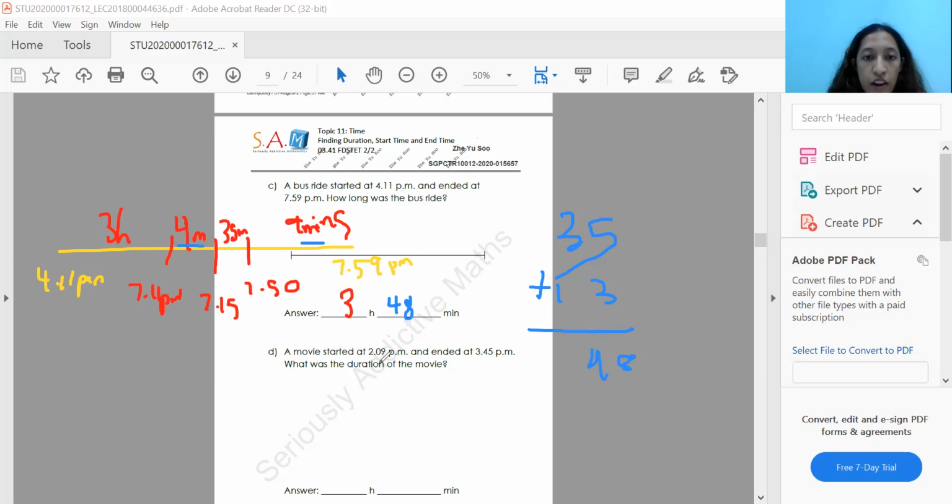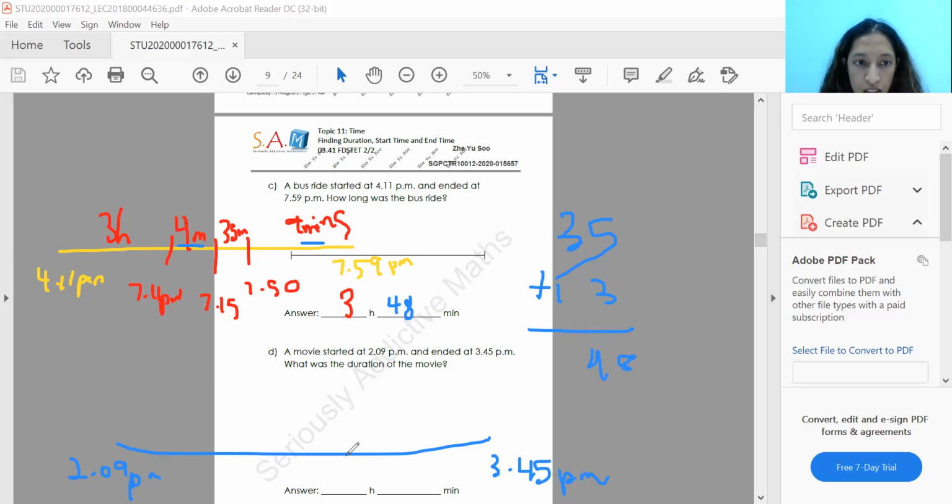A movie started at 2:09 p.m. and ended at 3:45 p.m. So again, how many hours, how many minutes? Let us do from 2:09 to 3:09. How many hours is that? Only 1 hour, right? 2 to 3. And then 3:09, let us do to 3:10.